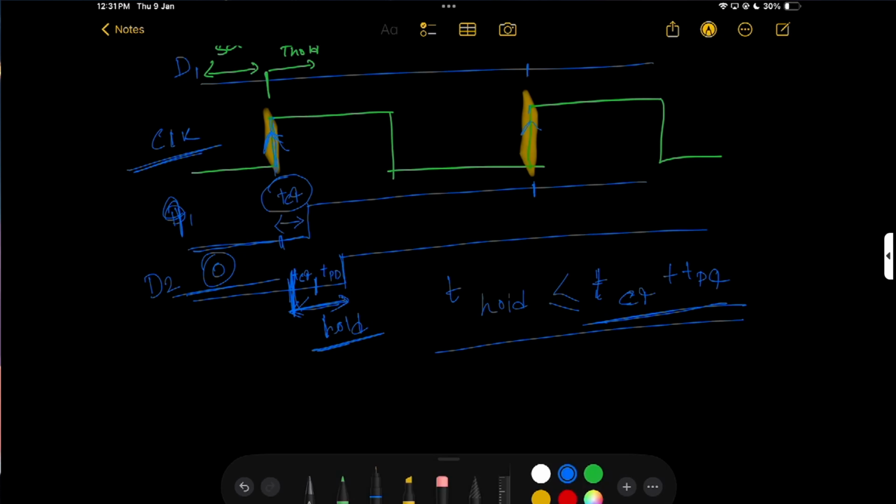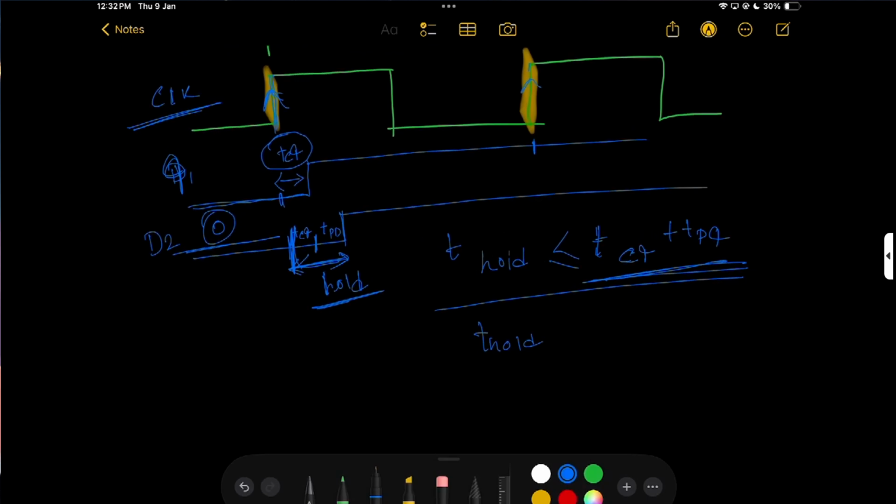The problem is that in the hold time some unconditional or undesirable input will be there, so the hold time is violated. So my T hold is always less than, or sometimes equal to, TCQ plus TPD.